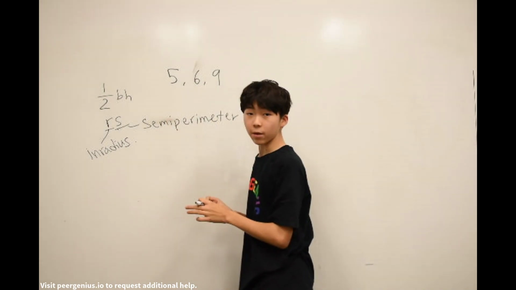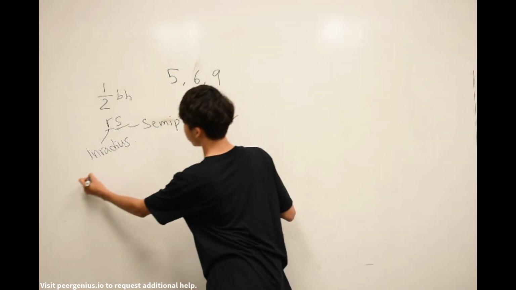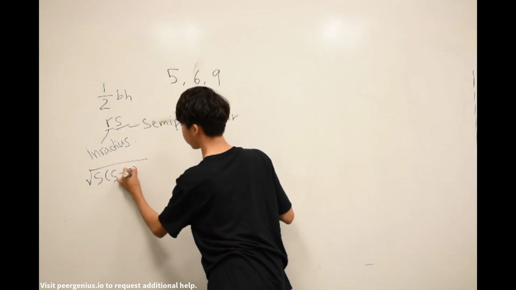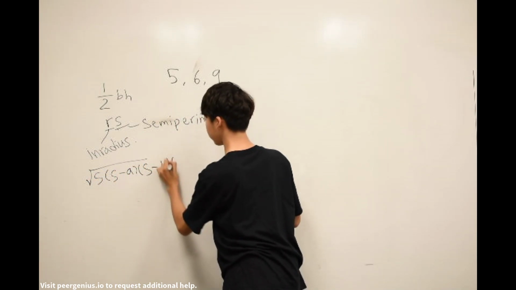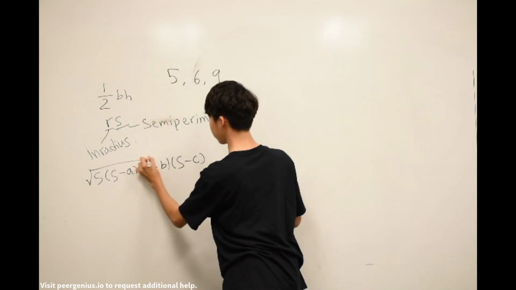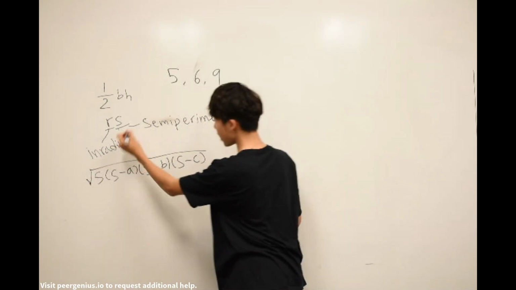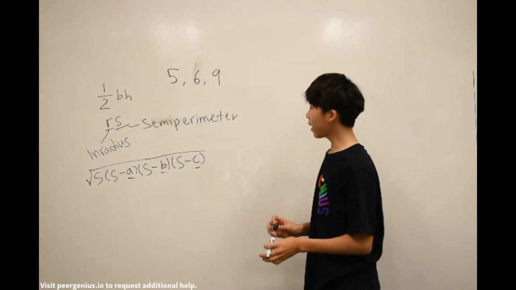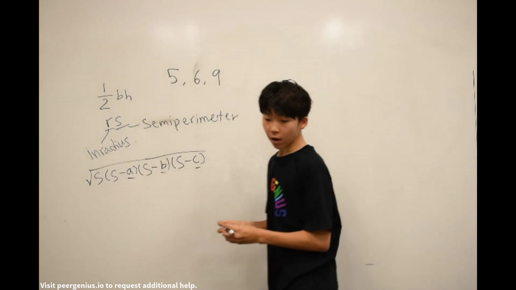There's also something called Heron's formula, where s is the semi-perimeter and a, b, c are the 3 side lengths.